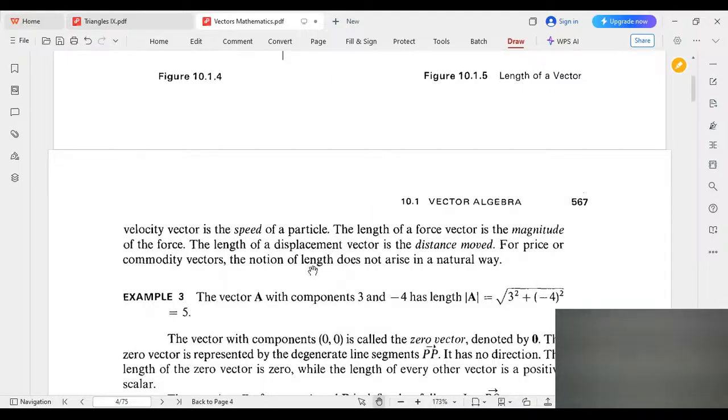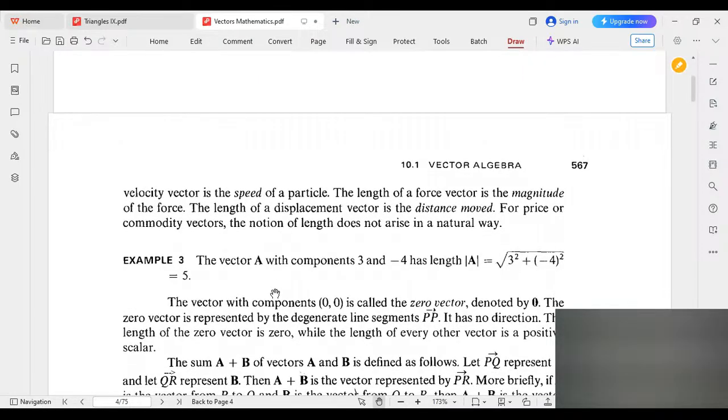If anybody asks us what we mean by length: the length of a displacement vector is the distance moved, the length of the velocity vector is the speed, and the length of the force vector is the magnitude of the force.